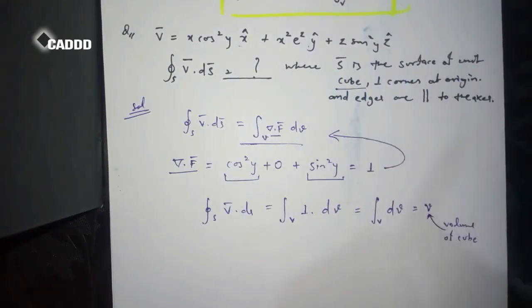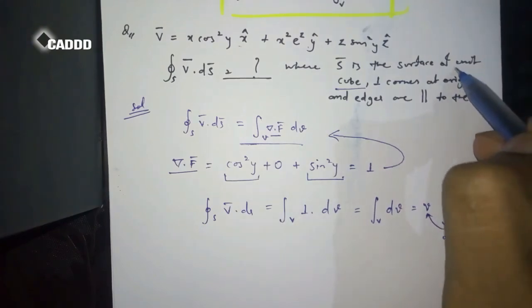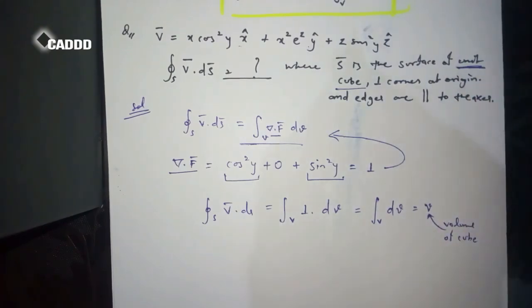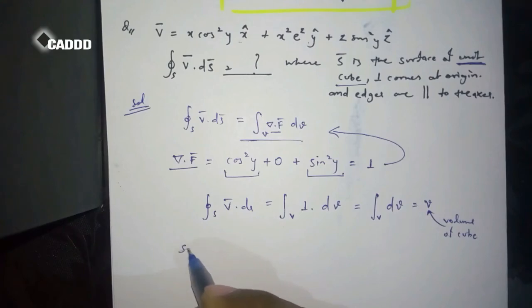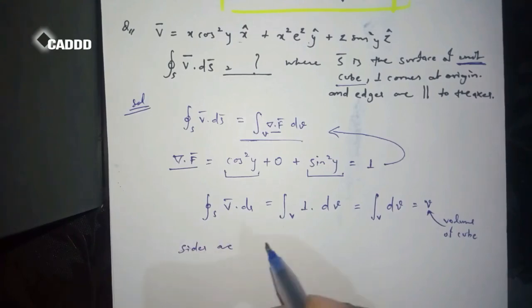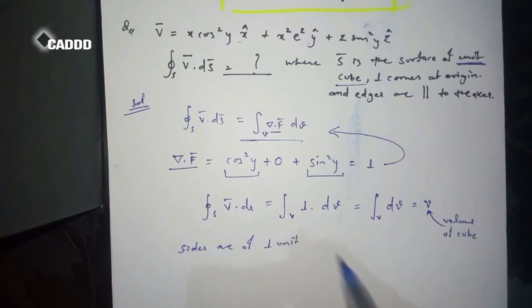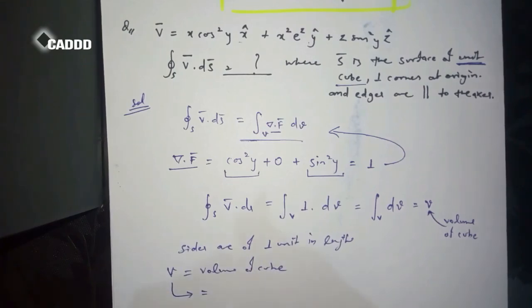Okay, volume of cube, and which is unit cube. So unit cube means sides are of 1 unit in length. Okay, so v is equal to what?